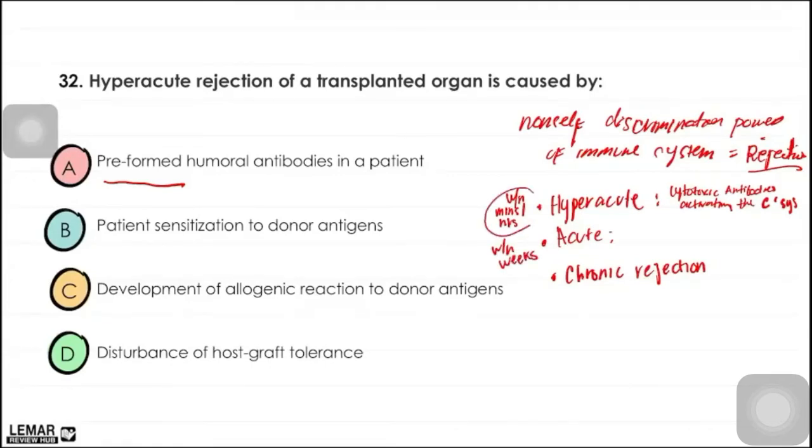Again, hyperacute is within minutes and hours, while acute is within weeks. Acute rejection is seen among recipients who have not previously been sensitized to the transplant. We have two types: humoral acute rejection and acute cellular rejection.